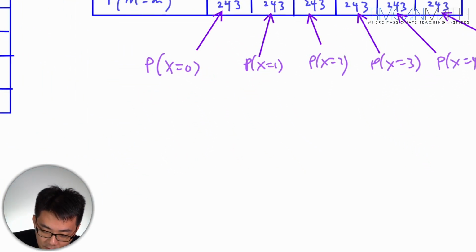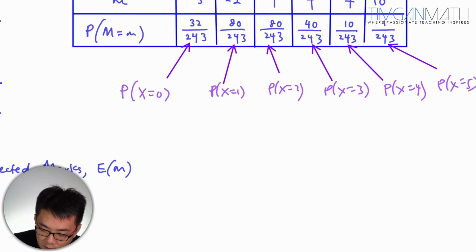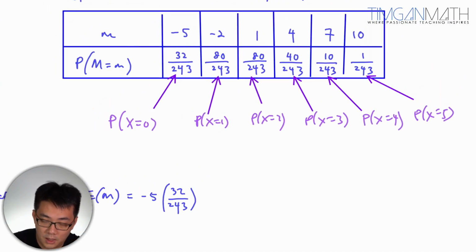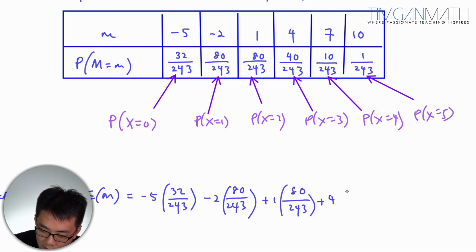Once you fill it up, that's it. We're going to find the expected mark here. Expected marks would be E(M). We're just going to find a weighted average, right? So meaning we're just going to multiply my -5 by its probability, and then just add it up. My -2 times its weightage, which is 80 over 243, plus 1 times 80 over 243, and so on. So I'm just going to key everything into my calculator.